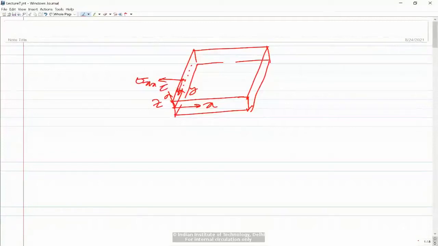Because of this, sigma xx will produce the moment about the negative y axis, so mx here would be like this. And tau xy would give a moment like this, that would be a moment about the positive x-axis.